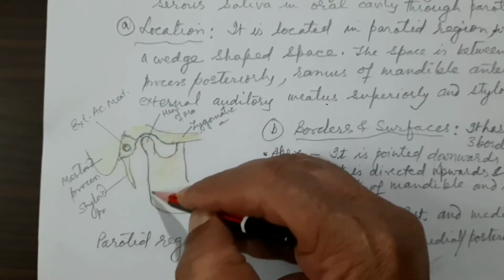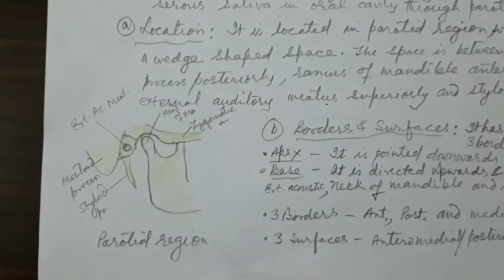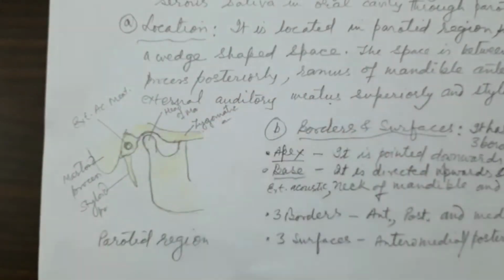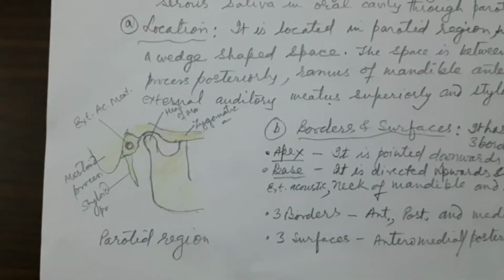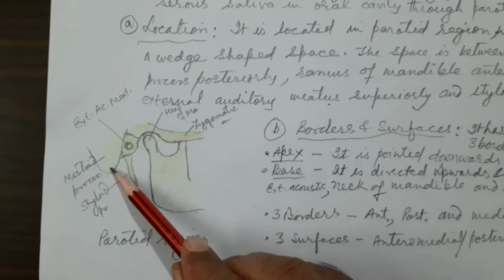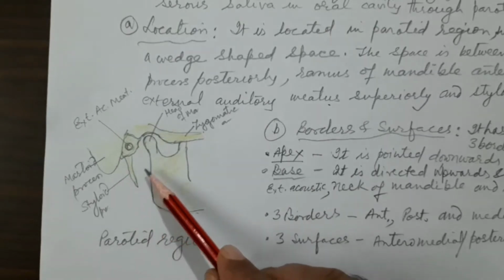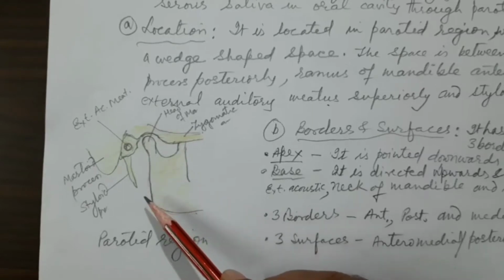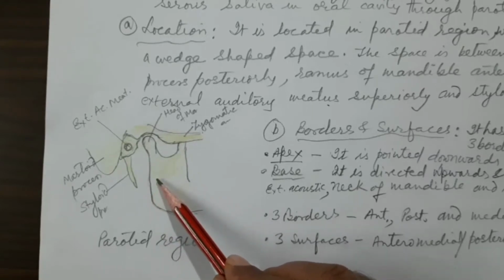In this diagram you will not realize that the styloid process is located at a deeper level. Now, as I said, this space is between the mastoid process posteriorly and the posterior border of the ramus of the mandible anteriorly.